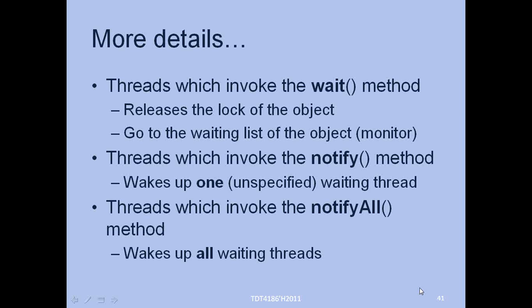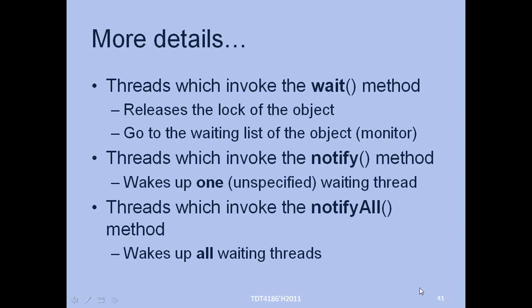When the wait method is called, the lock is released and the thread comes out of that synchronized block and goes into waiting mode, so that other threads can execute that synchronized method or block.